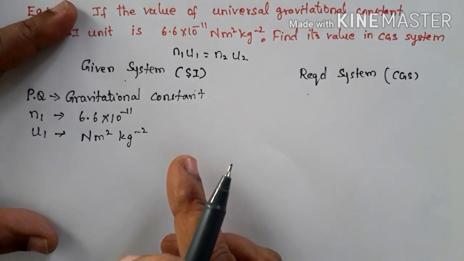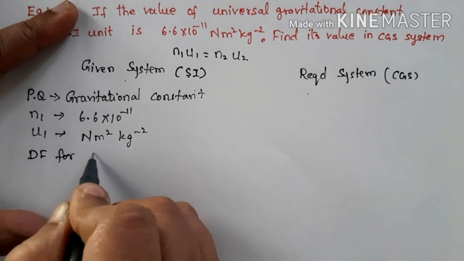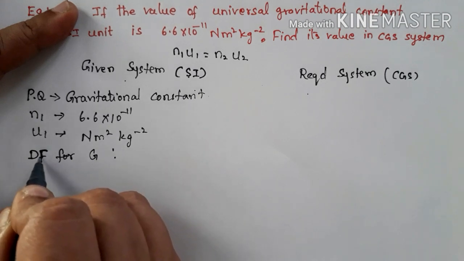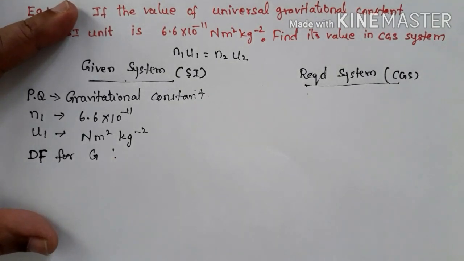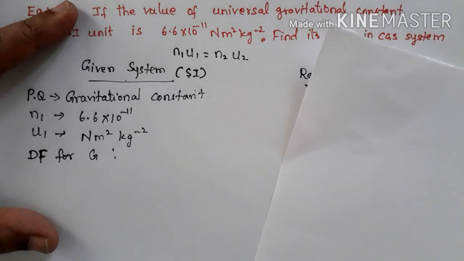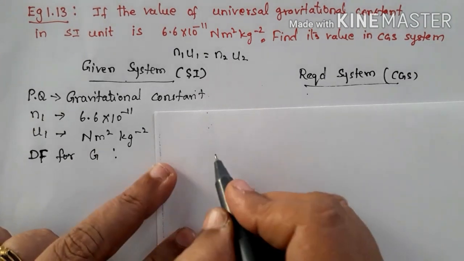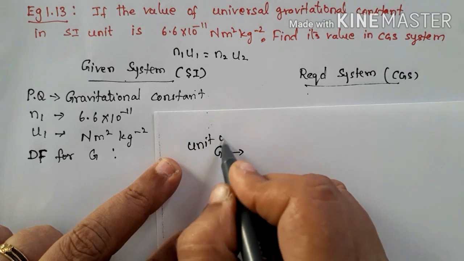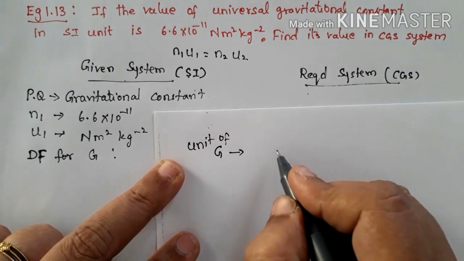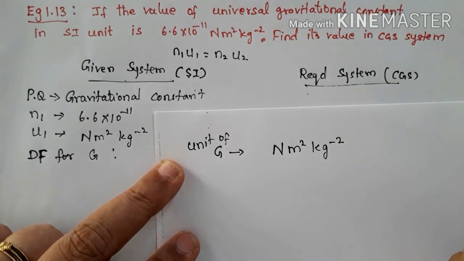And we will first find out the dimensional formula for gravitational constant G. For that, everything cannot be memorized. So what we can do is, you know that the unit of G is given as newton meter square kilogram power minus 2, right?